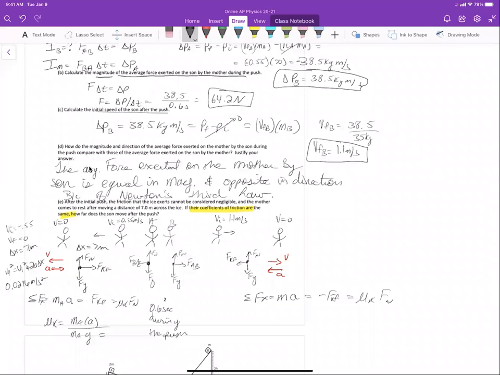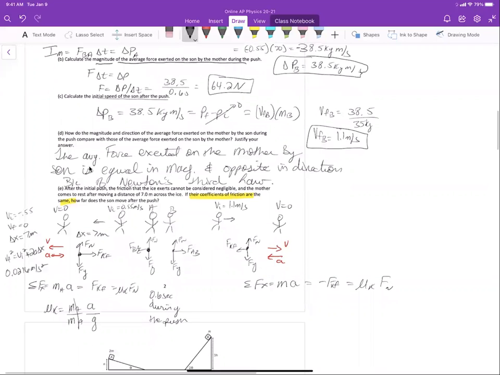So if you calculate mu k, let's do it again, m a over m a g, and this is the acceleration divided by g. Masses cancel, plug in 0.0216 divided by 9.8. You get a really small number for mu k, which is 0.0022.